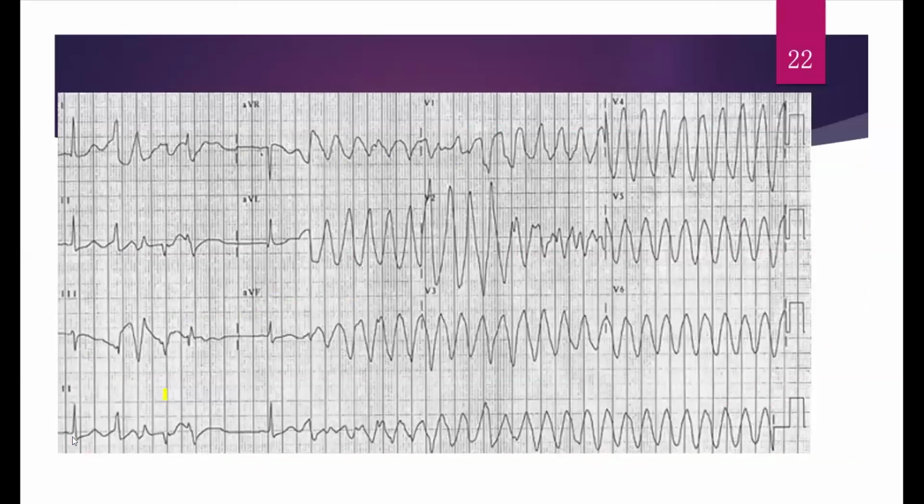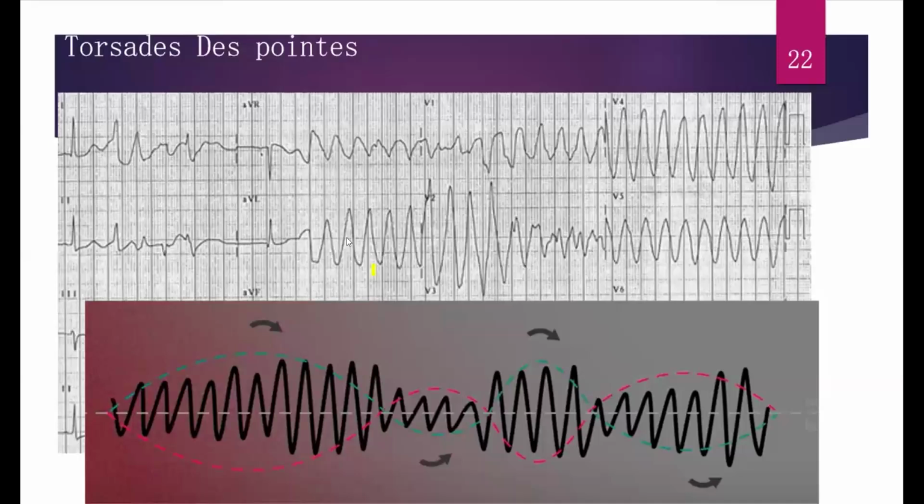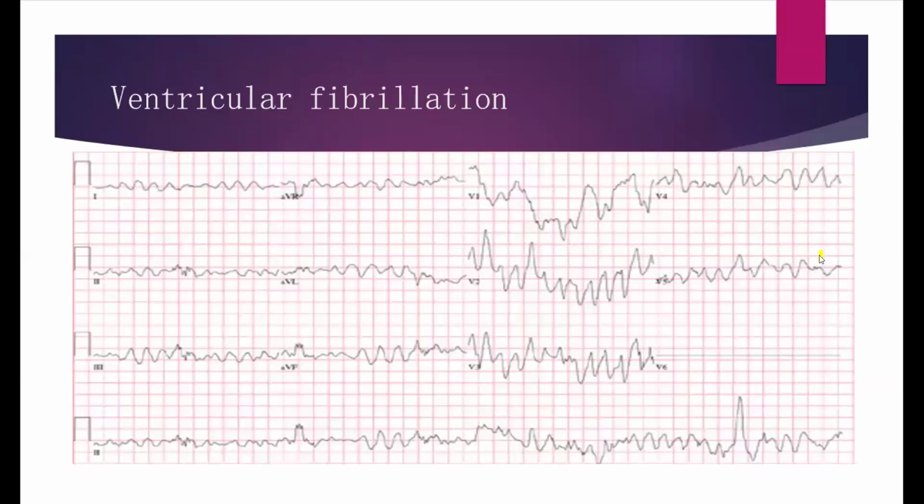So this is a patient with Torsades: you have low amplitude, high amplitude, low amplitude, high amplitude. This is what is known as twisting of the points around the baseline of the ECG. You treat these patients initially with magnesium sulfate. And then finally you have ventricular fibrillation. When you have this, this patient is really sick and you need to start your ACLS protocol.